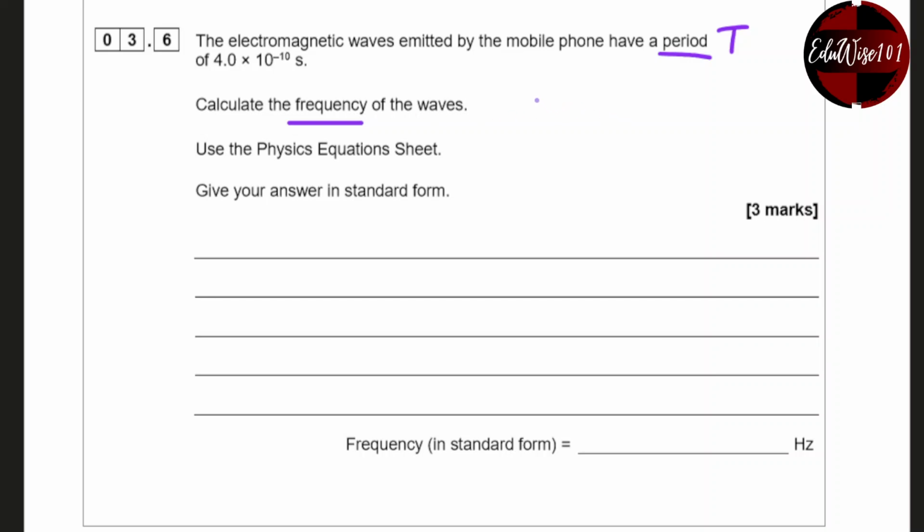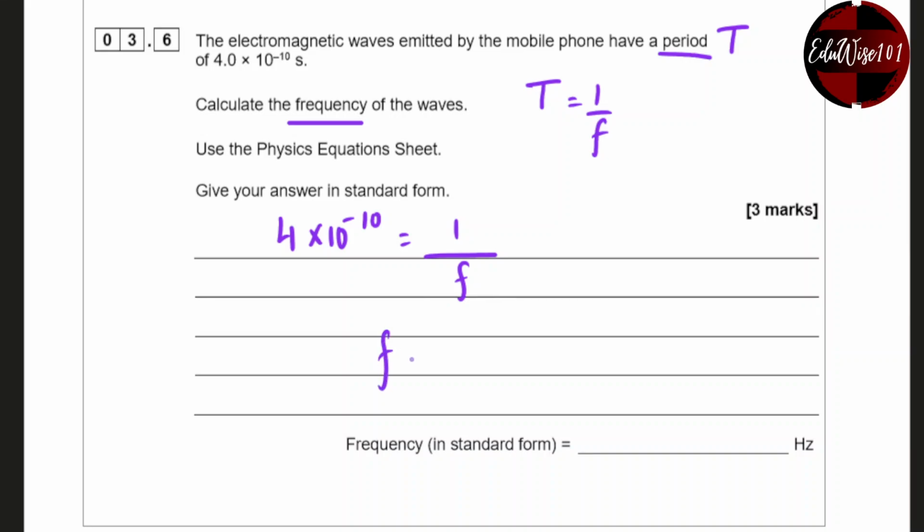The equation that links wave period and frequency is wave period equals 1 over the frequency of the wave. So 4 times 10 to the power minus 10 equals 1 over the frequency.